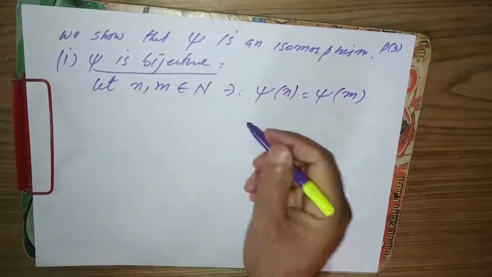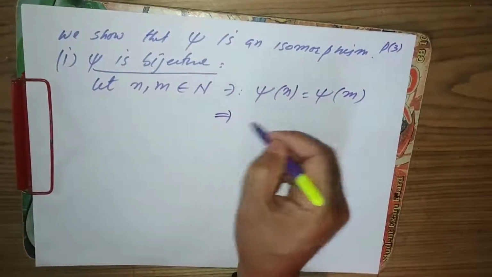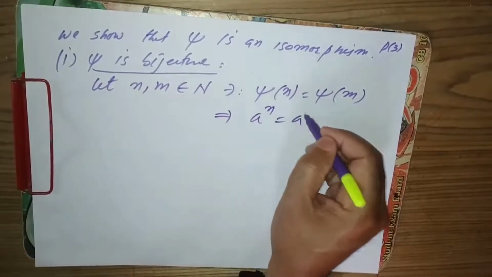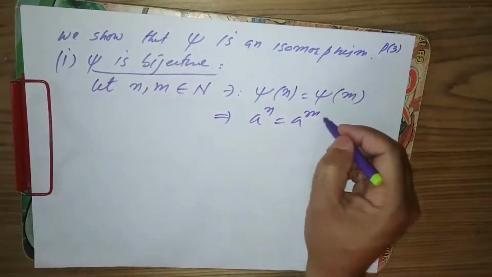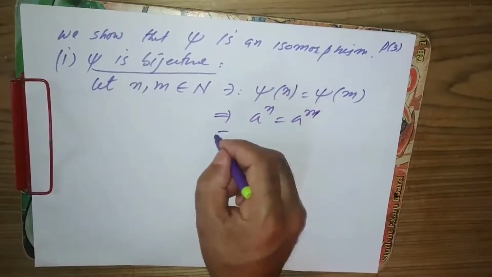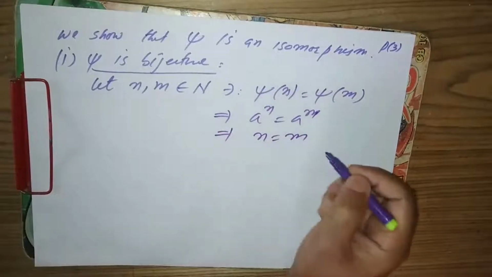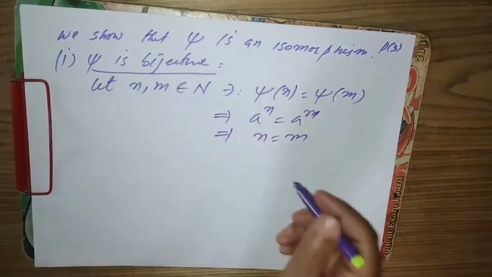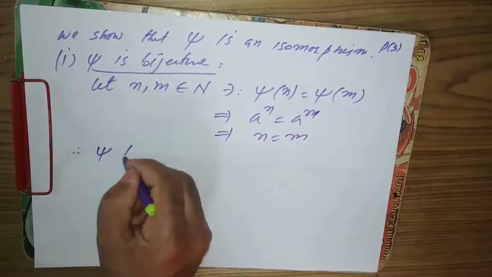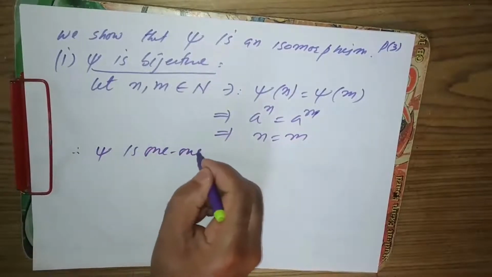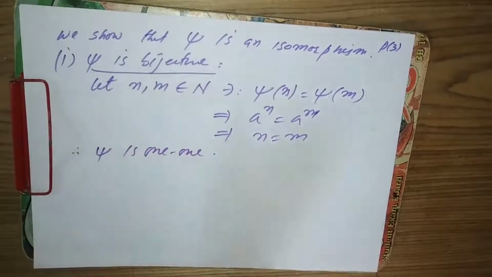So we first prove the one-one property of psi, which implies a power n is equal to a power m. Since all the powers are distinct, if they are equal, then n is equal to m. That proves psi is one-one. Next we prove it's also onto.